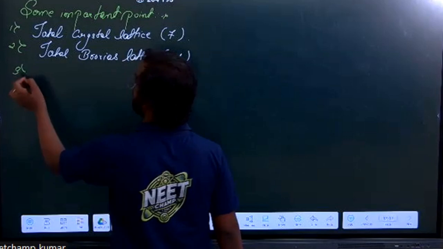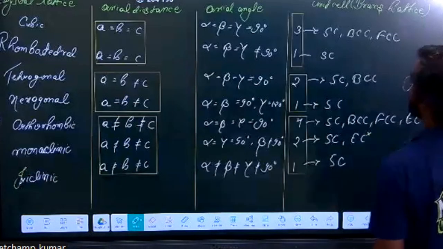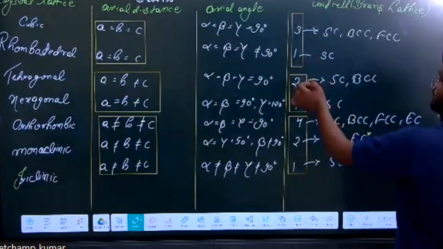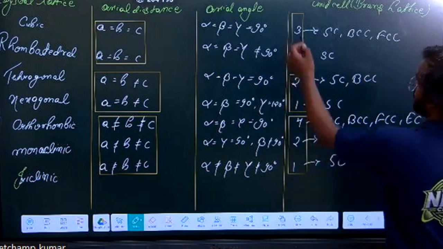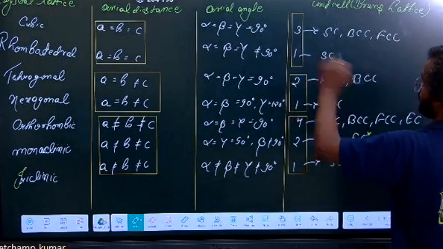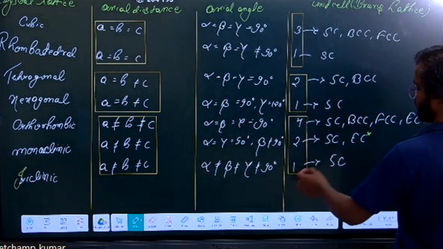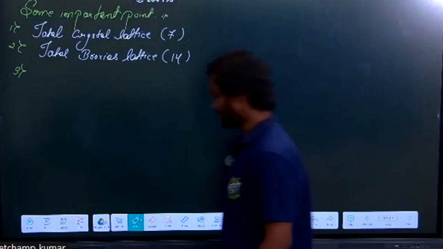How 14? You can count also. See, 3, 1, 4, 4, 5, 6, 7. Sorry, 1 minute. So the total is 14. So these are the 14 Bravais lattices.